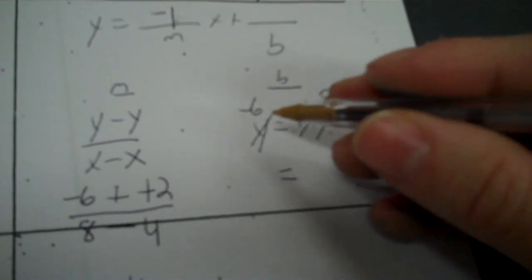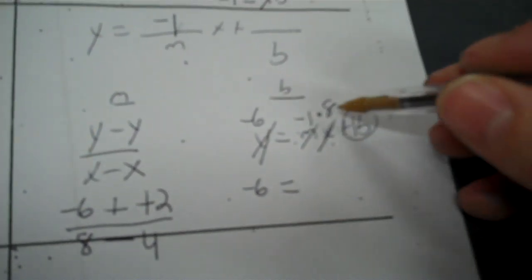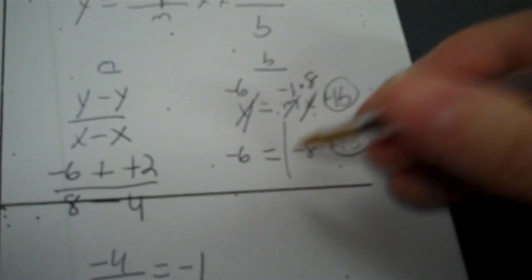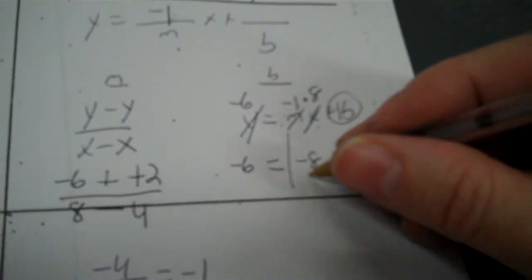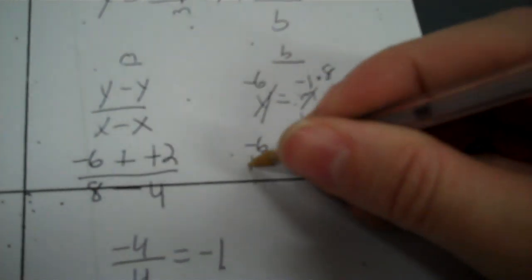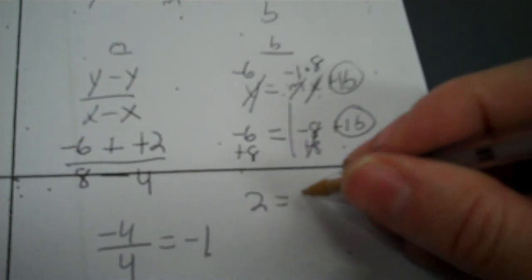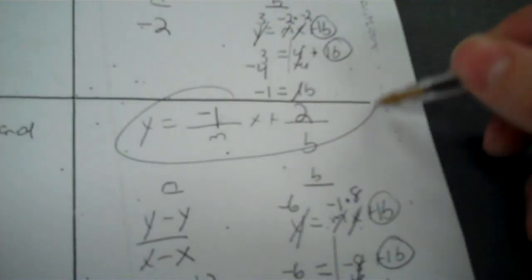So I line up my equals. I have -6. Then -1 times 8 is -8 plus 1b. Okay, get the -8 to a 0 by adding 8, and that's 2. You don't need to divide by 1, okay, it's just 2. And there's your equation, y equals -1x plus 2.